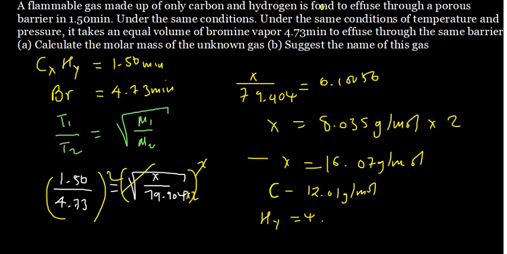And remember that the molar mass of each hydrogen is 1, right? So meaning that we have 4 hydrogens to have a molar mass of 4, meaning that this gas is in the form CH4, meaning that the name of this gas is methane. That's the gas with that formula.